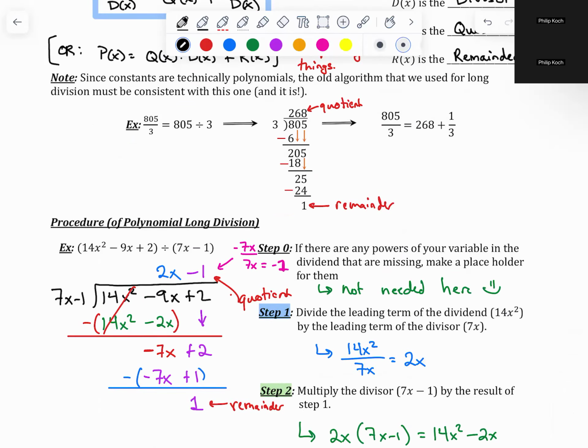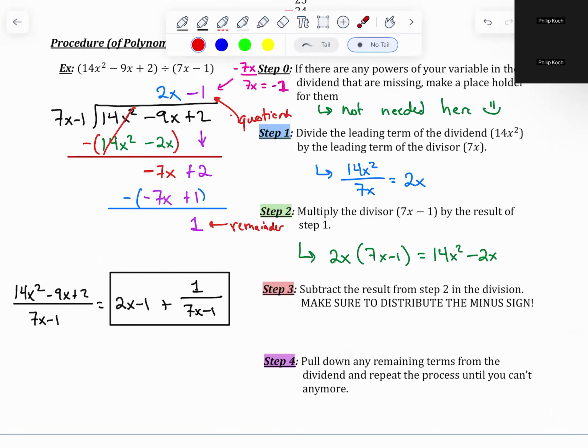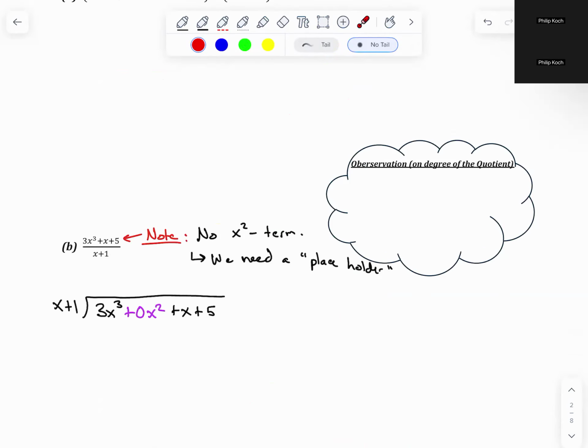So even though there are 0 10s, I still write it down. It's just we are lazy mathematicians. We don't like to write things if we don't have to. So imagine that the x squared term is a placeholder. It's a digit in this quote unquote number, so it needs to be there even though it's not actually part of the expression originally. Does that make sense? That's the way I like to think of it, is it's just a digit that needs to be there. So we'll go through the whole process.